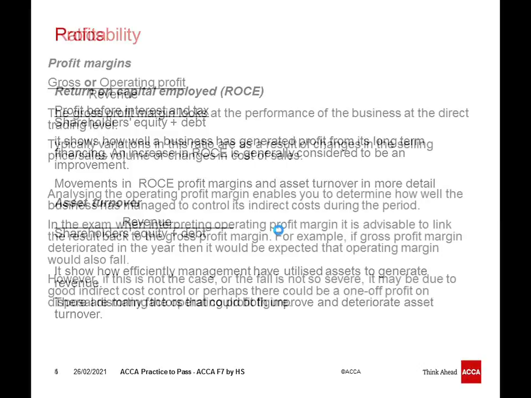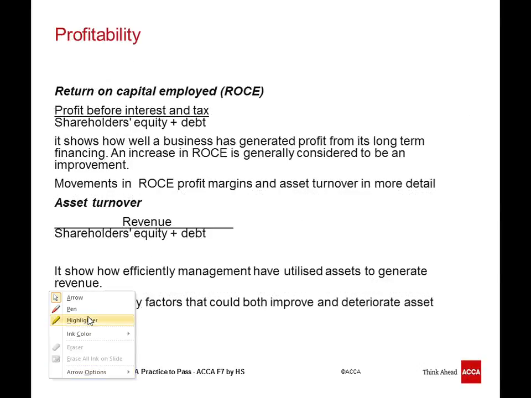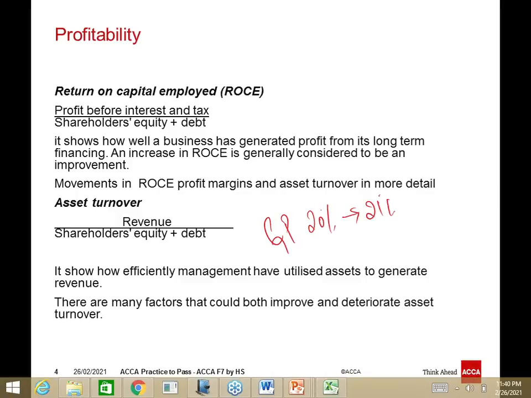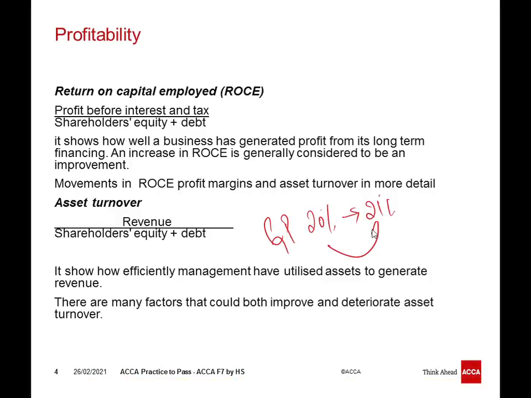Suppose the gross profit ratio has increased from 20% to 21%, and the student writes that there is a substantial increase in the profitability over the period, or the profit has grown dramatically, or that the profit has increased substantially. Examiners say, don't you know the meaning of substantial? There is no substantial improvement, in fact.